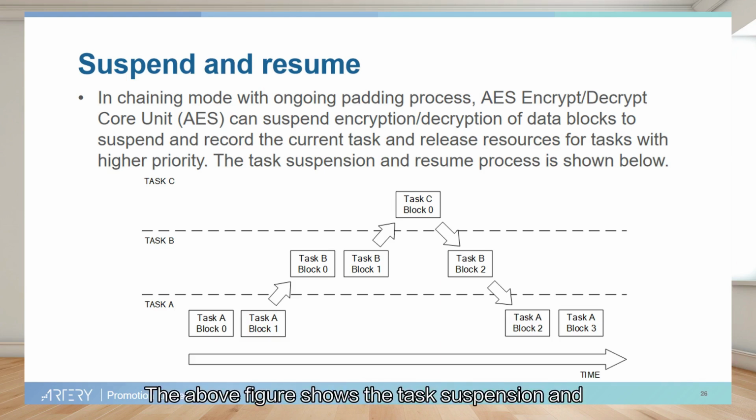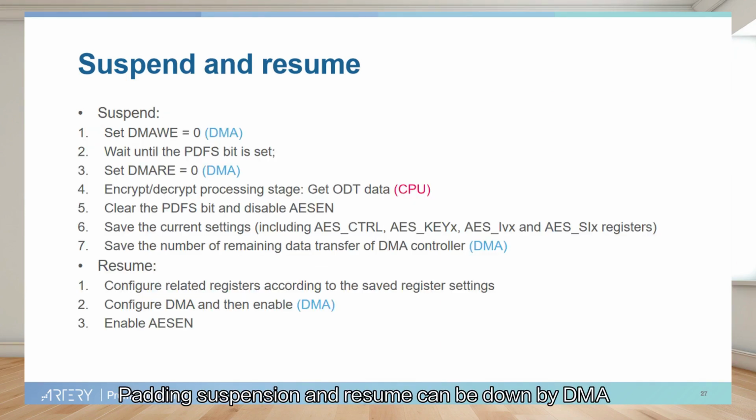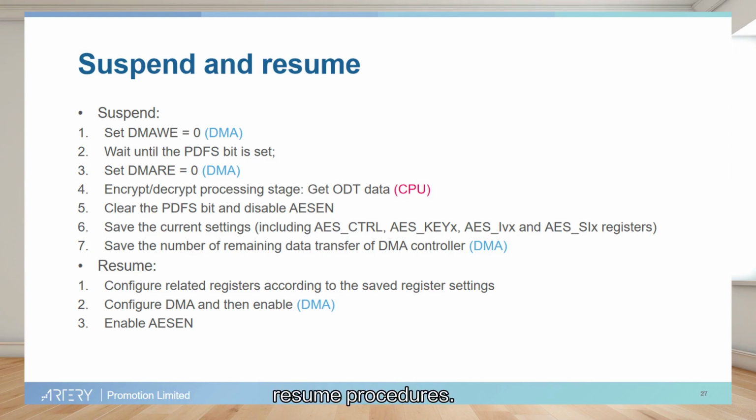The above figure shows the task suspension and resume process. Padding suspension and resume can be done by DMA or CPU. This slide gives the padding suspension and resume procedures. Unless otherwise specified, these steps are identical for both DMA and CPU methods.